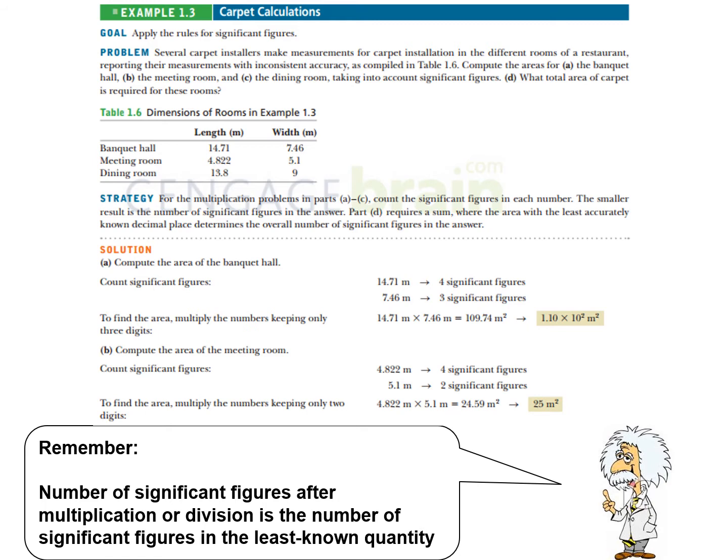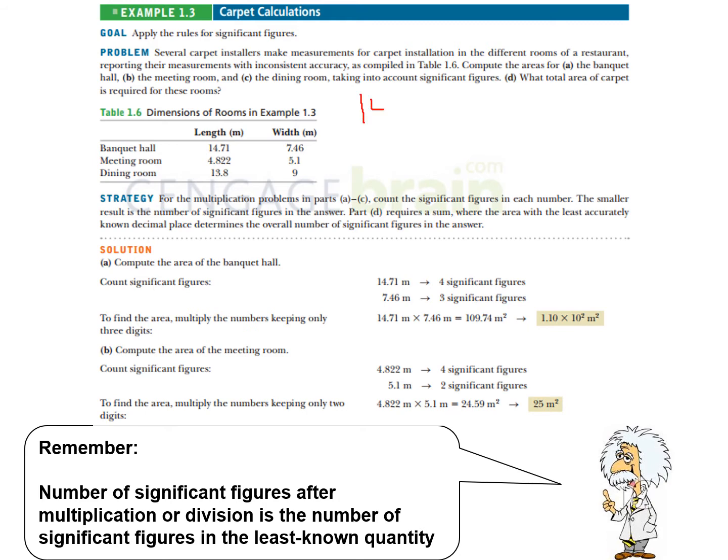And of course, according to the question, the installers have made the measurements, and there is inconsistency in how they write down the values. If you can see here, I can pick one only.